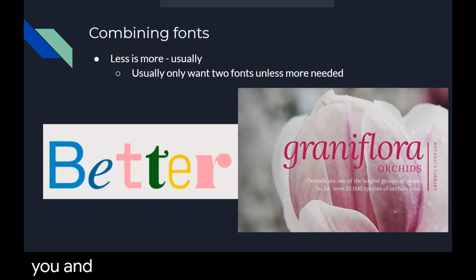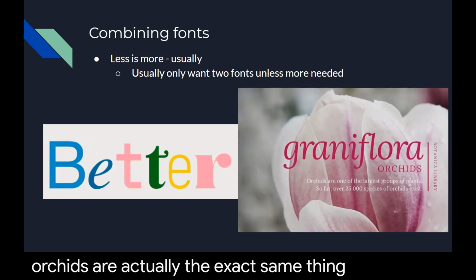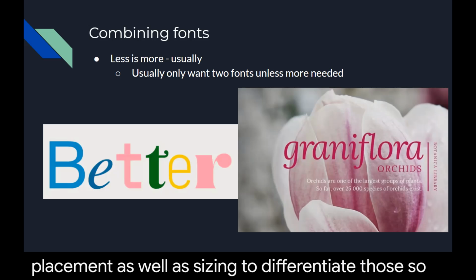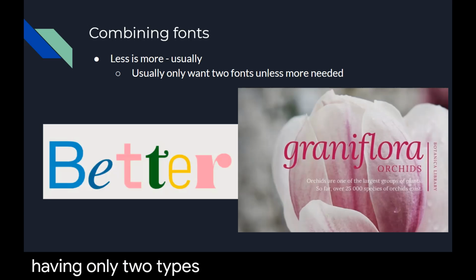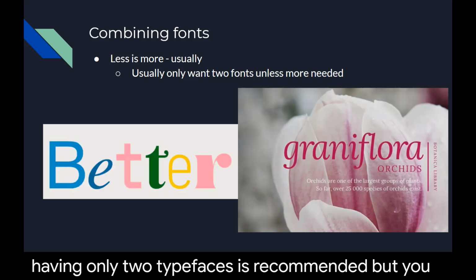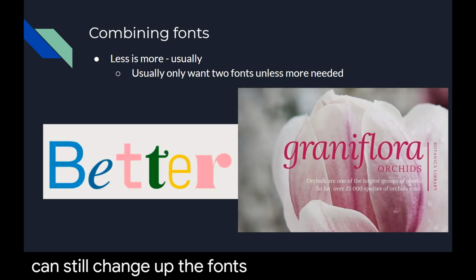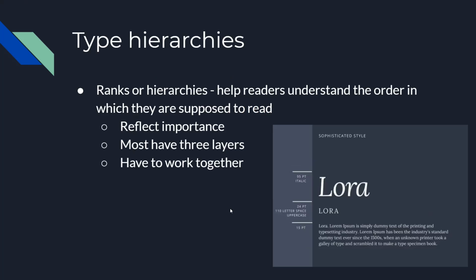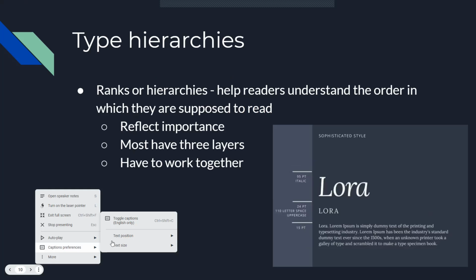And then the Botanica Library and Orchids are actually the exact same font, but we use placement as well as sizing to differentiate those. So having only 2 typefaces is recommended, but you can still change up the fonts as long as they are harmonious together.